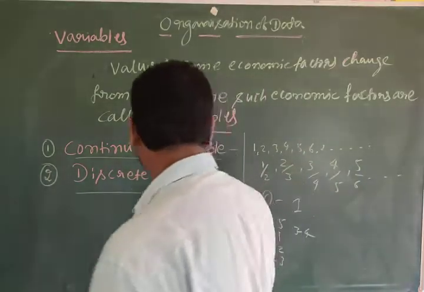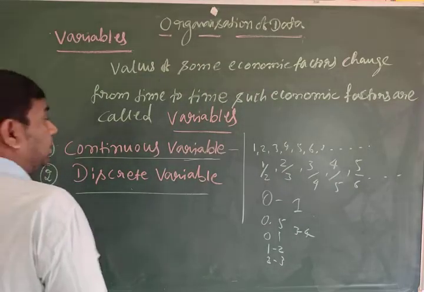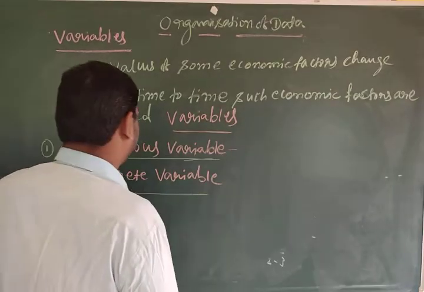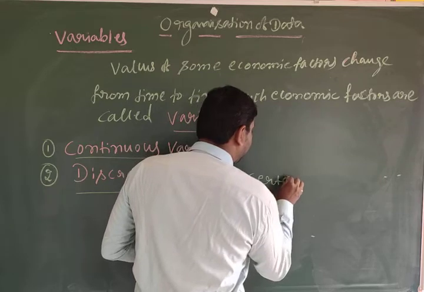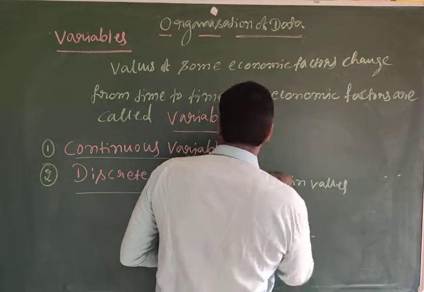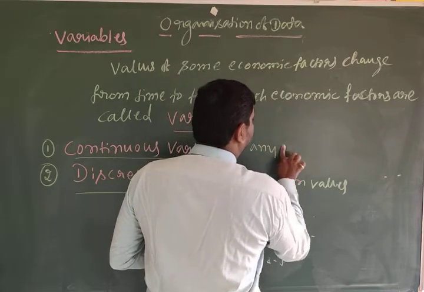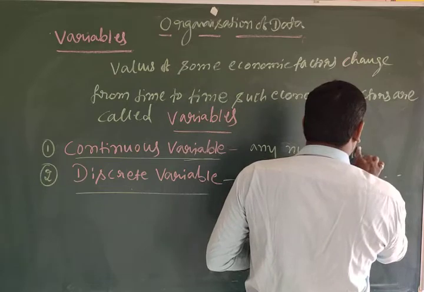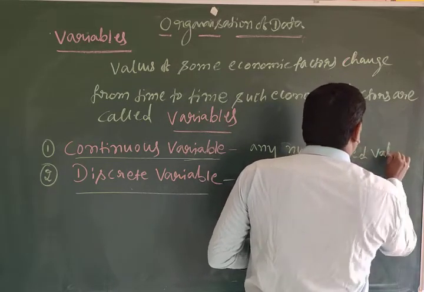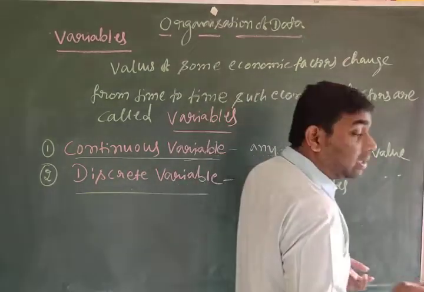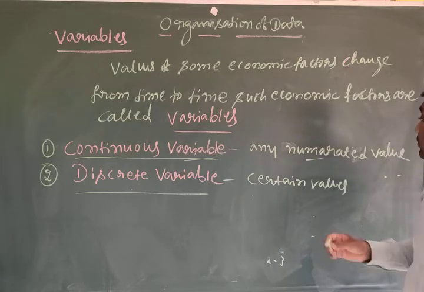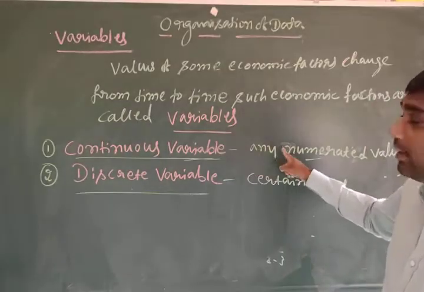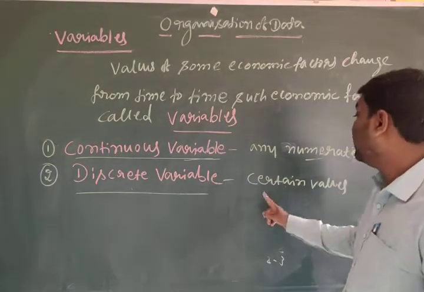A continuous variable will take any numerical value, but a discrete variable can take only certain values.